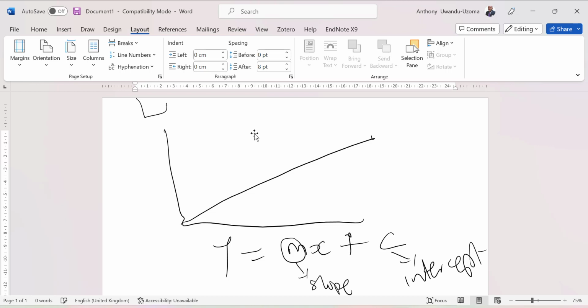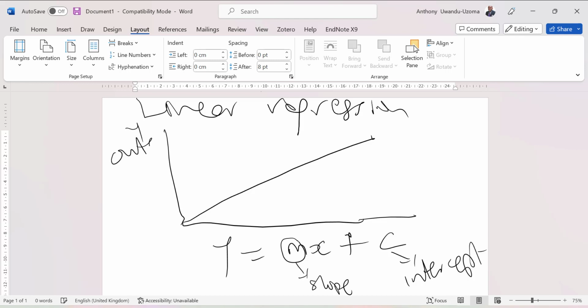So linear regression is all about something moving in line with a straight line movement. Now, y is the outcome of your research, what you are measuring, while x represents the independent variable, or the predictive variable.